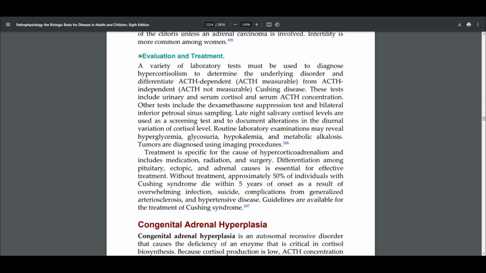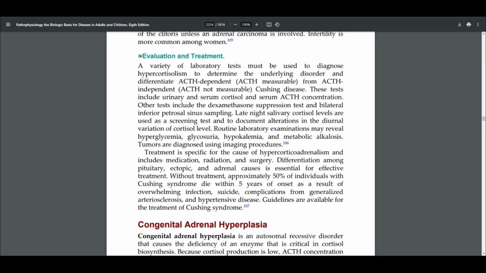Late-night salivary cortisol levels are used as a screening test and to document alterations in the diurnal variation of cortisol level. Routine lab exams may reveal hyperglycemia, glycosuria, hypokalemia, and metabolic alkalosis. Tumors are diagnosed using imaging procedures.